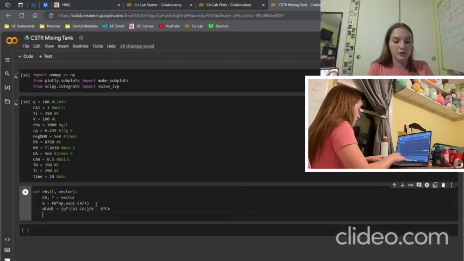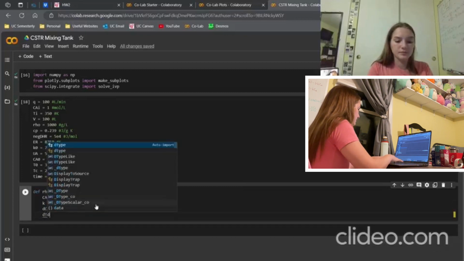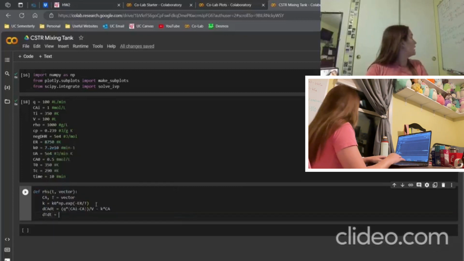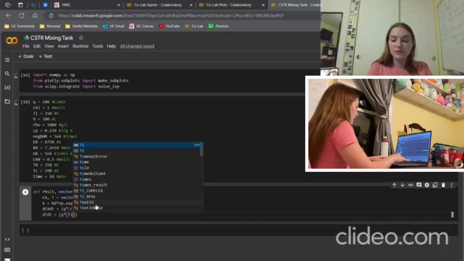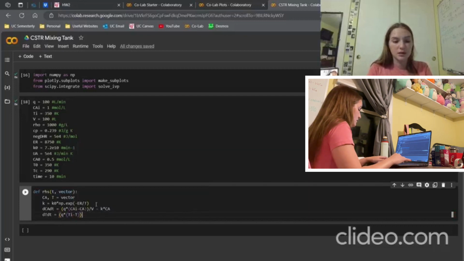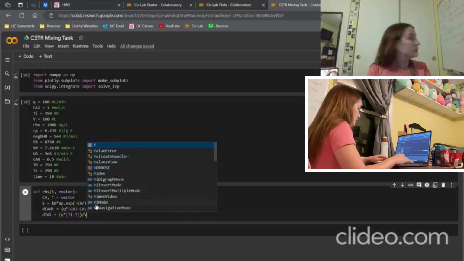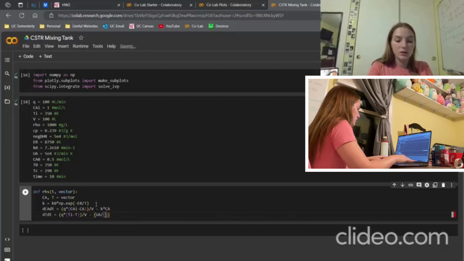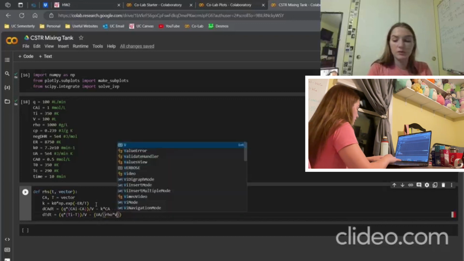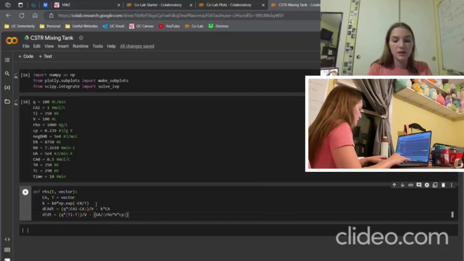Now let's enter our differential equation for temperature, dT, and this is Q times Ti minus T, all of this divided by the volume. And then we are going to subtract our UA divided by our rho times our volume times our heat capacity.